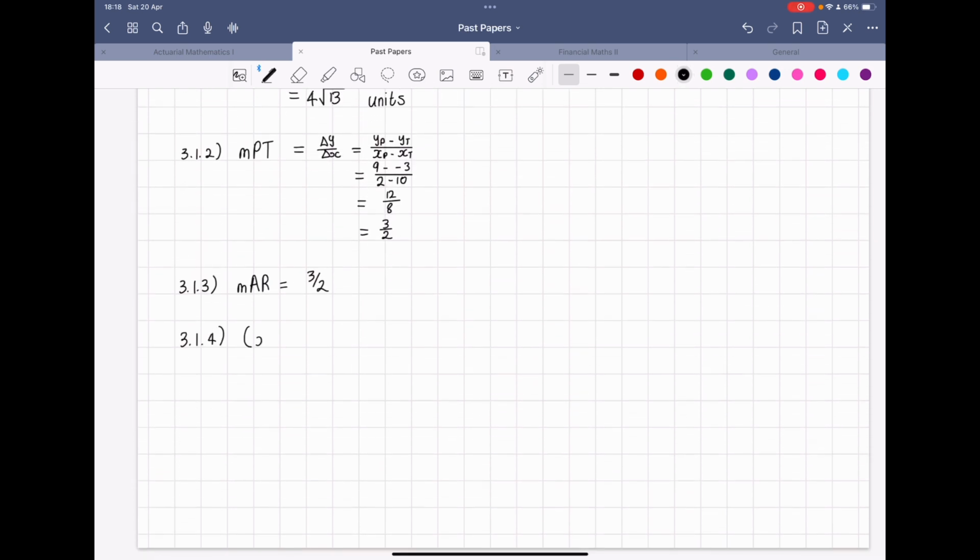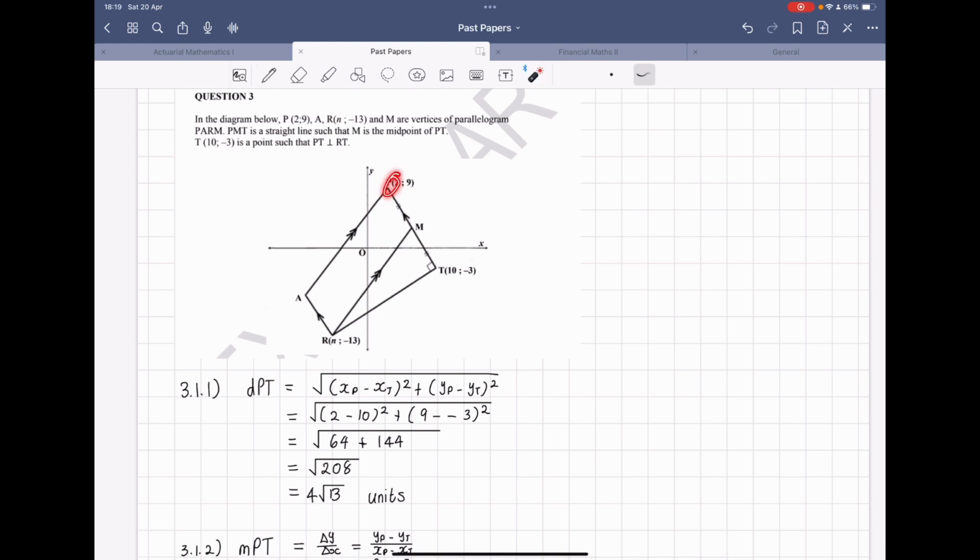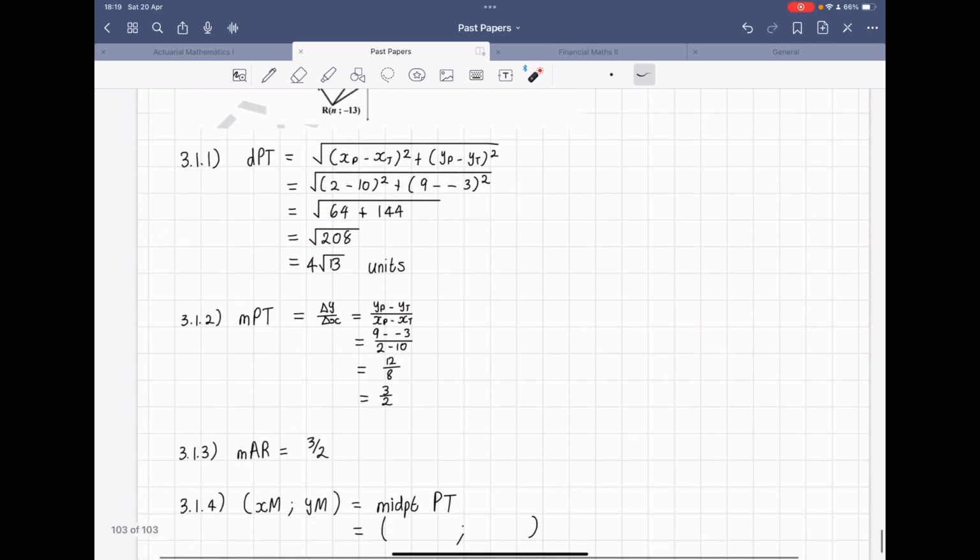So I'm going to say the xy of M is equal to the midpoint of PT, and the midpoint formula says that I add the x values of the 2 points that the midpoint is between, and I divide them by 2, and I do the same with the y values, add them together and divide by 2, so I get the halfway of the x values and the halfway of the y values.